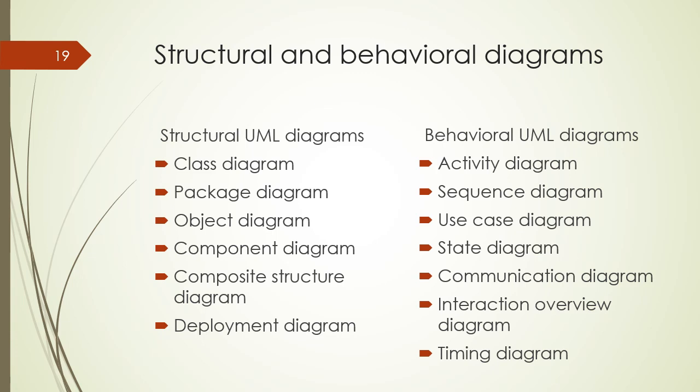Students, conventionally we use diagrams to represent the structural as well as behavioral aspect of a software. As you can see, there are some diagrams which actually represent the structural aspect of a software, which include class diagram, package diagram, object diagram, component diagram, composite structure diagram, and deployment diagram.